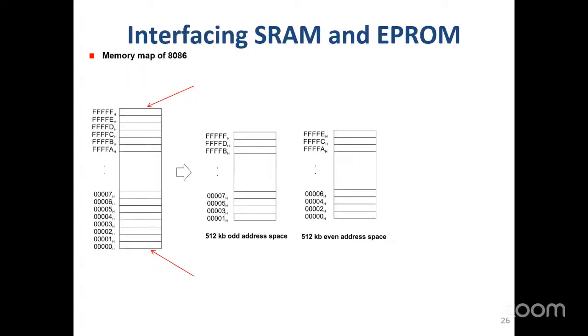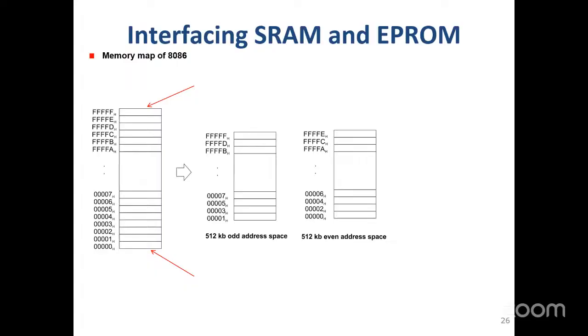But how does 16-bit come? One byte from address 000 and the second byte from 001. So the lower byte from the even address bank and the higher byte from the odd address bank. One byte here, one byte there. Then you can access the 16 bits of data using the D0 to D15 data lines.